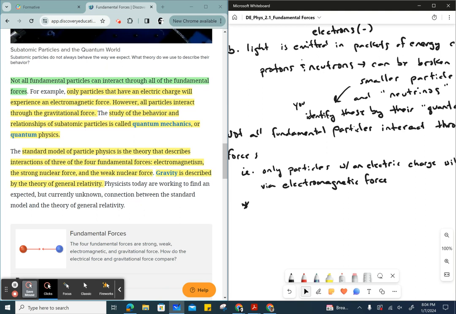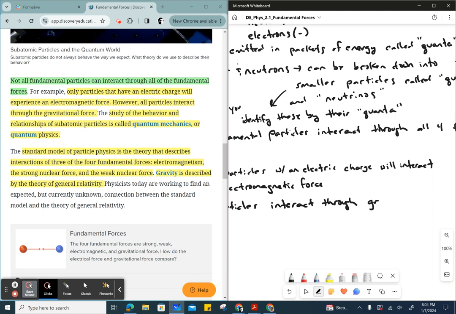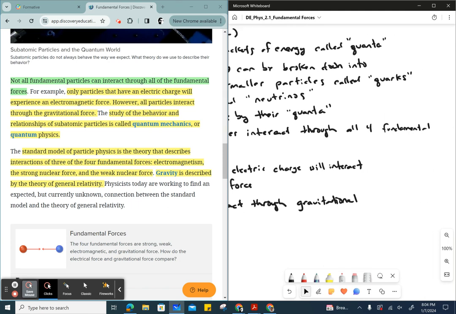But here's a big but: all particles are subject to gravitational force. All particles interact through gravitational force. Okay.